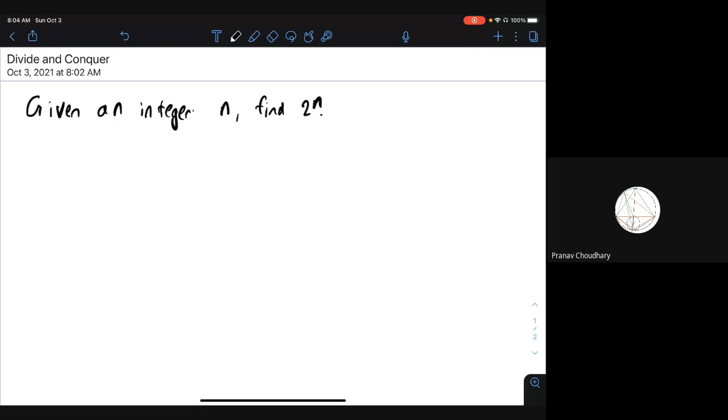When I say we want to find 2^n, what I mean is that we want to evaluate 2 to the n in, let's say, decimal representation. Also, I want to minimize the amount of time it takes to find this.